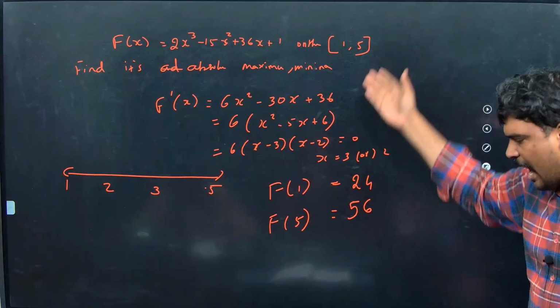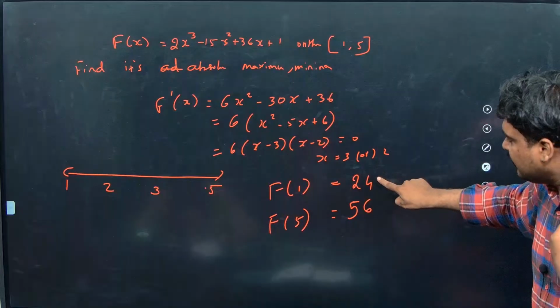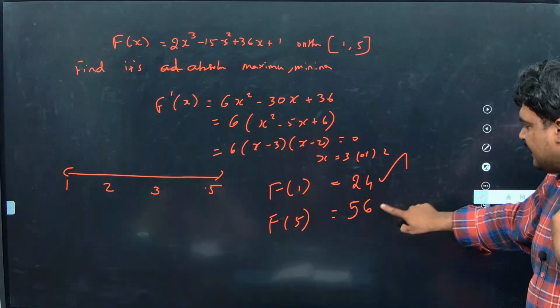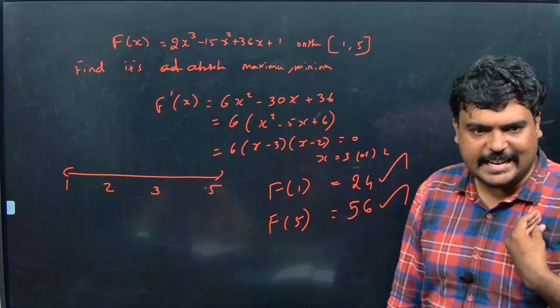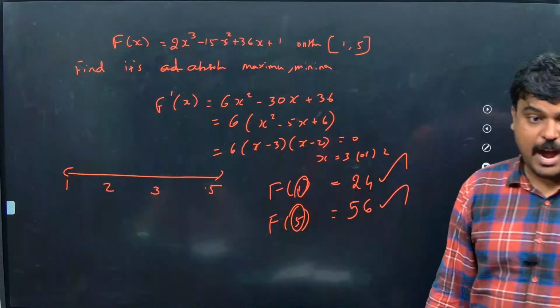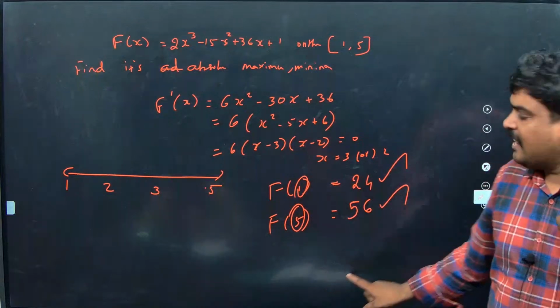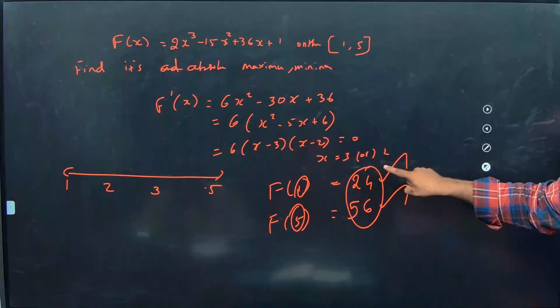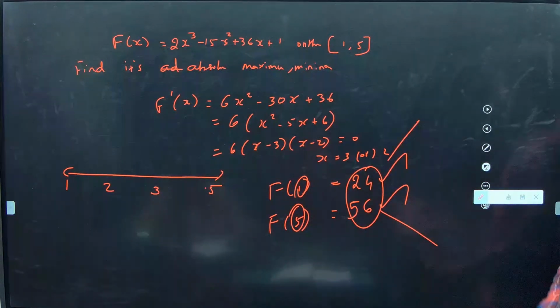And by that, from all 4 values I come to know this is my minima and this is my maximum. Are you getting, guys? Now this 1 and 5 is going to be called what? Minima and maxima. And what is this? Minimum value and maximum value.